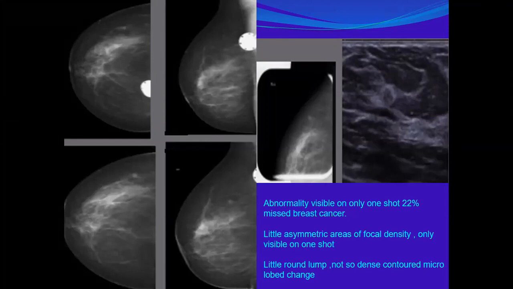Or consider just an asymmetry, and the second round screening mammogram or a follow-up mammogram will demonstrate. The second row, the lower row, it is appreciated in both.